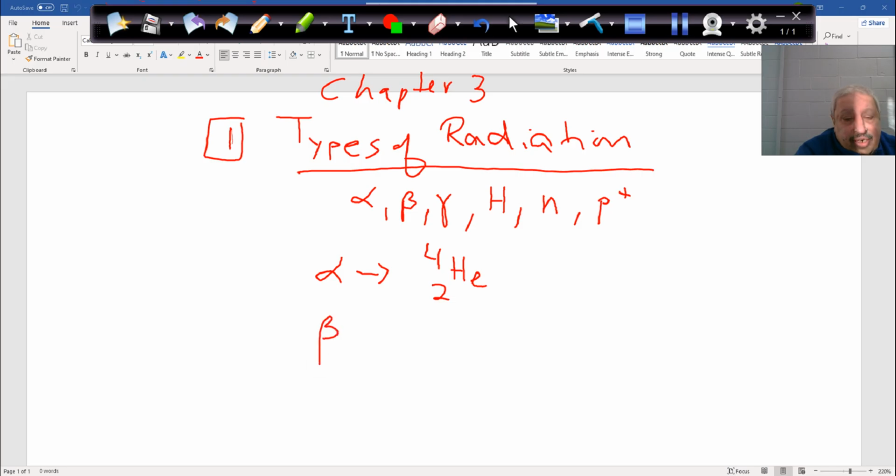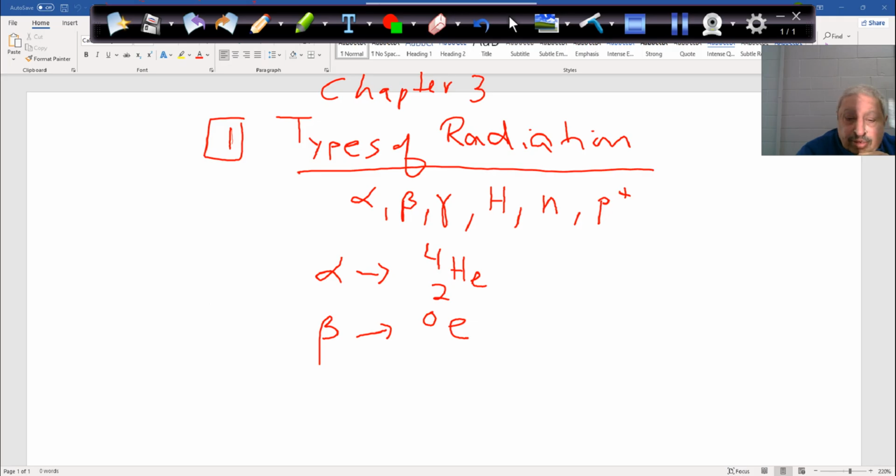Beta, those are electrons coming from the nucleus, not the valence electrons, not the core electrons. Those are just coming from the collision disturbance inside the nucleus itself, between protons and neutrons, correct? So the beta radiation has no mass. So atomic mass is 0.